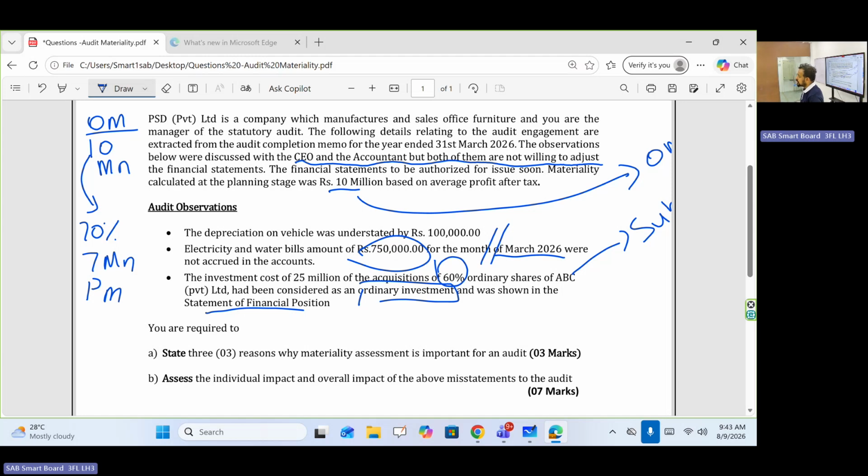This is non-compliance of Sri Lanka Accounting Standards.